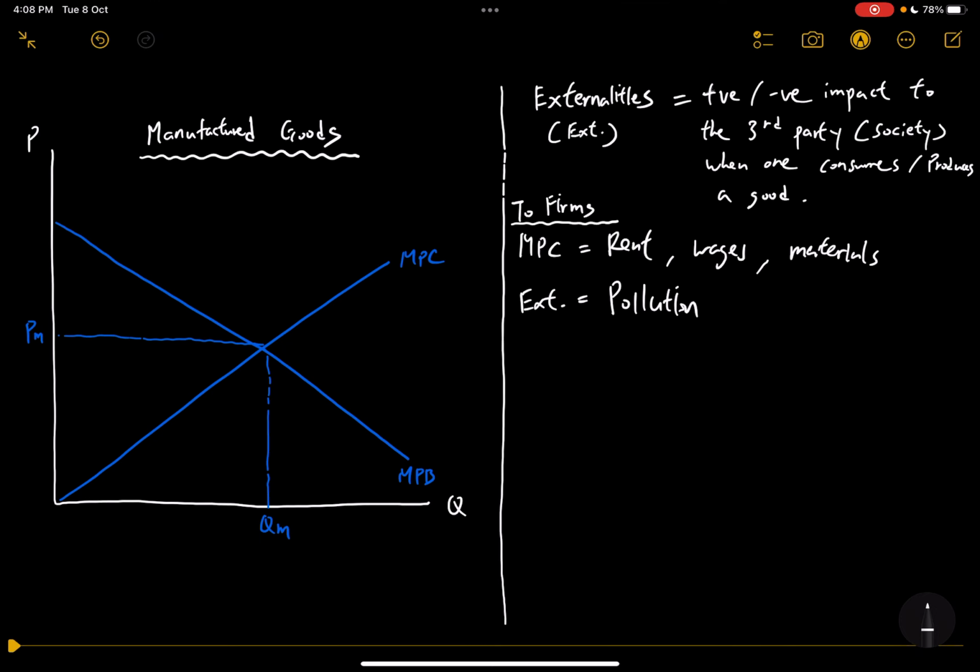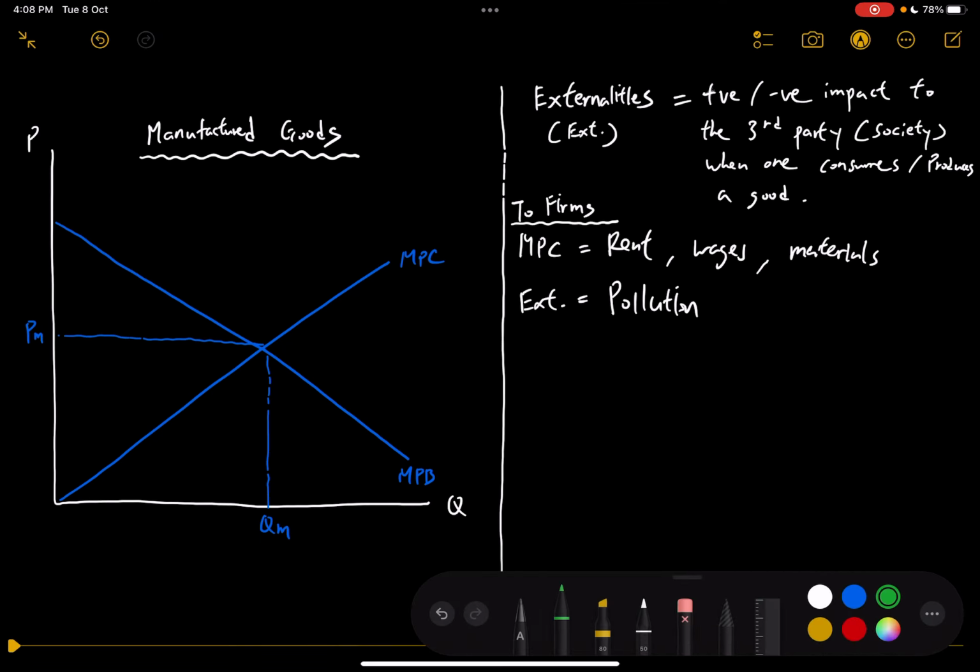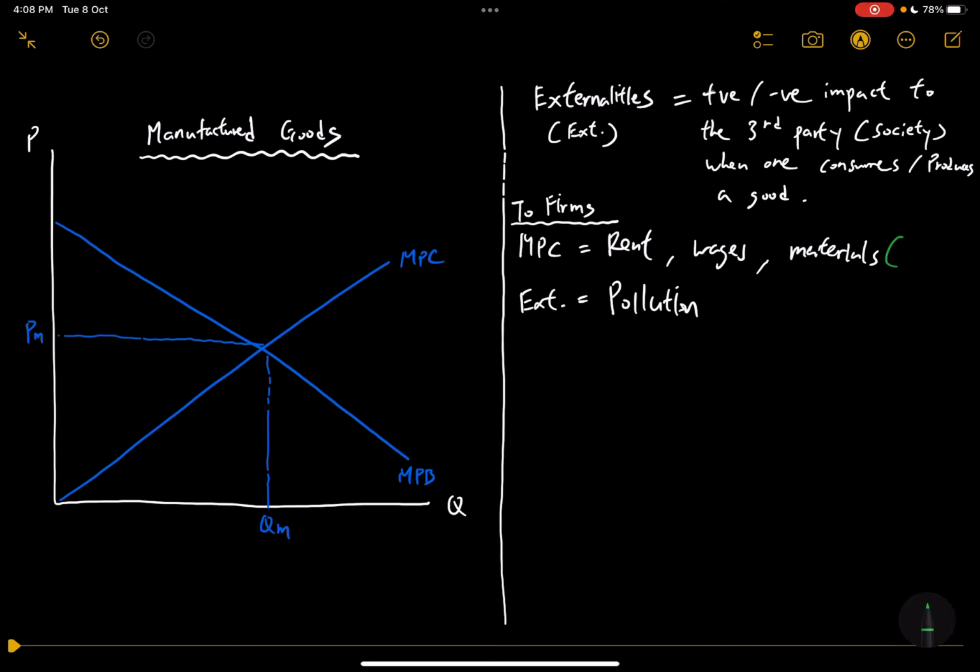So firms care, that's for sure. But what about externalities right here? Do you think the firms, when they are profit driven, would care? Well, probably not. So probably firms don't care in this case.